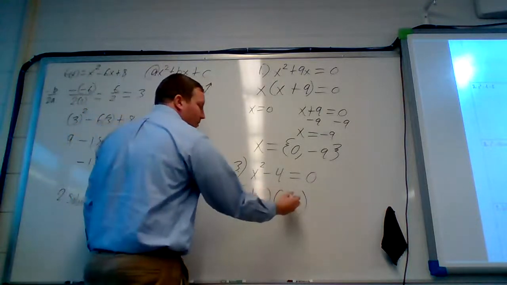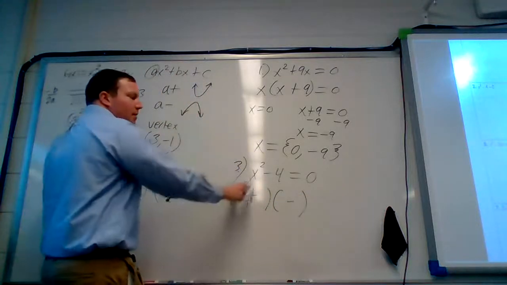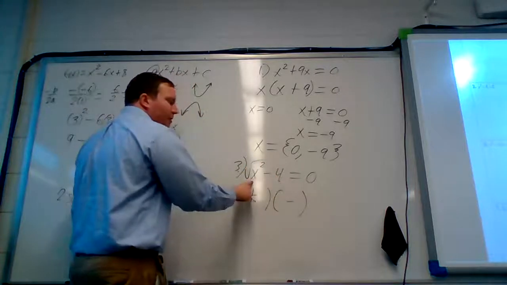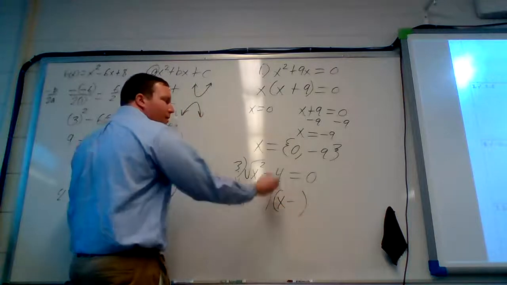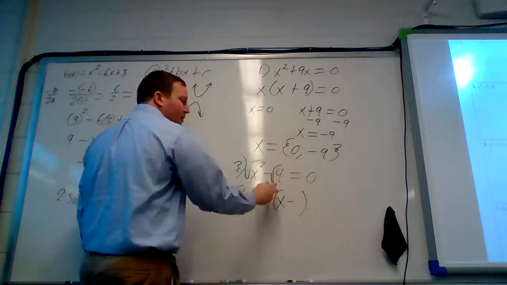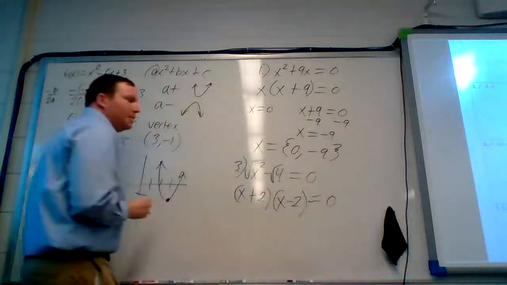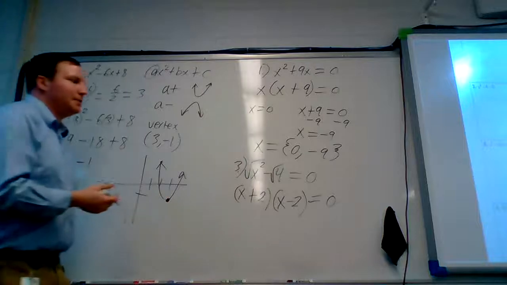Again, whenever we do that, we've got that positive, negative. We can take the square root of the first term. The square root of x squared gives me an x. Take the square root of your second term. We get 2. And then we set our factors equal to 0.